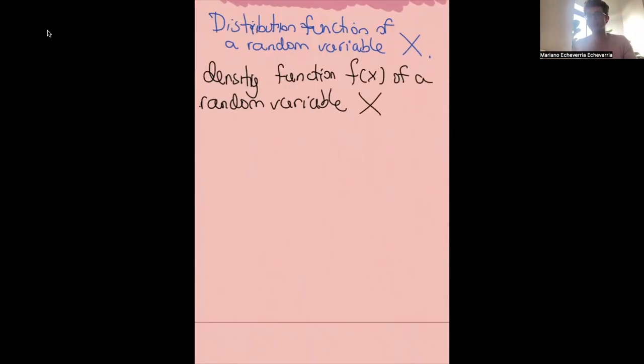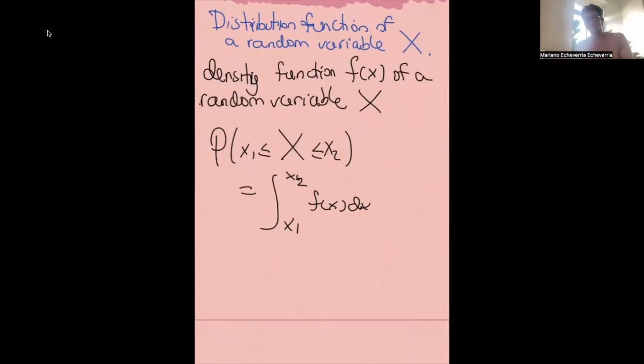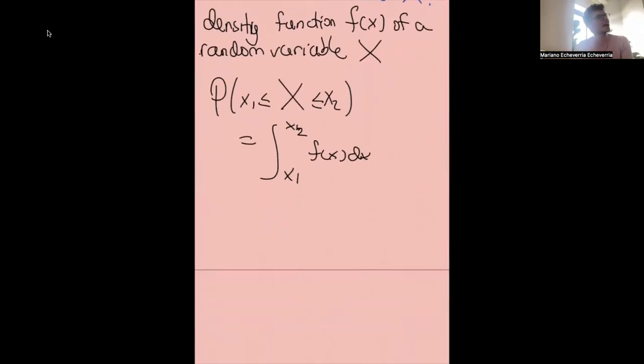And the density function has the key property that the probability that the random variable takes values between x1 and x2 is just the integral from x1 to x2 of f of x dx. That's what makes the density function a useful thing. There's another thing that you can define, which is called the distribution function.